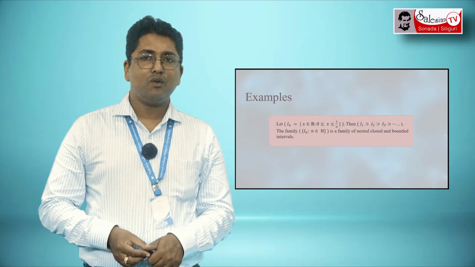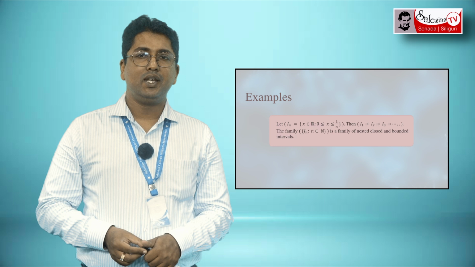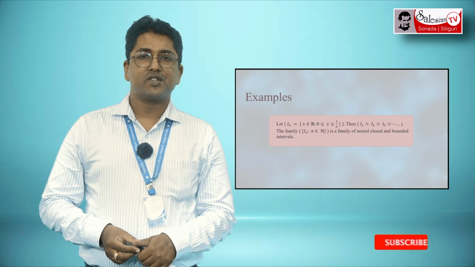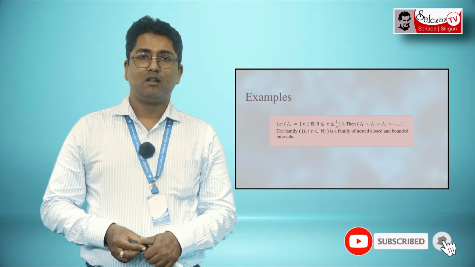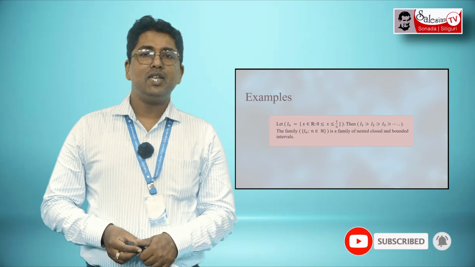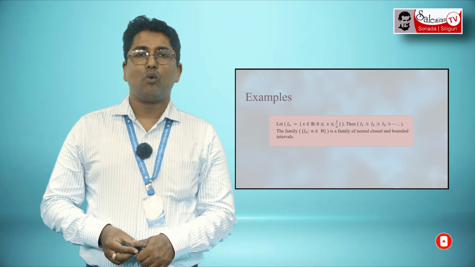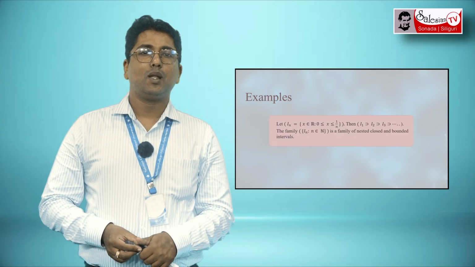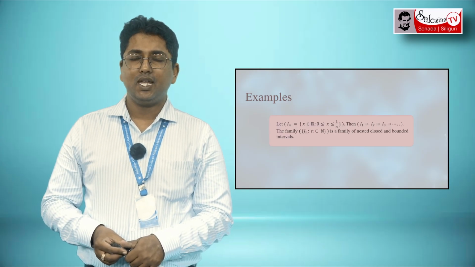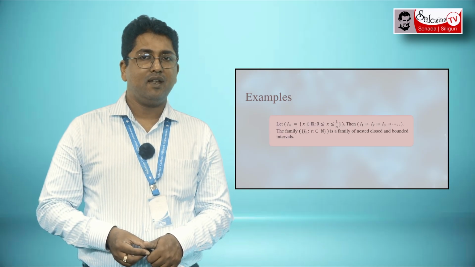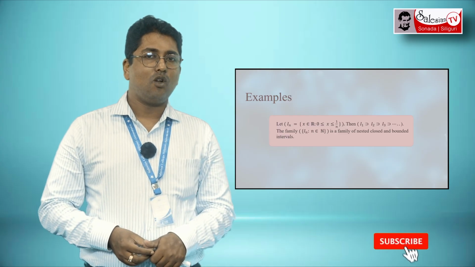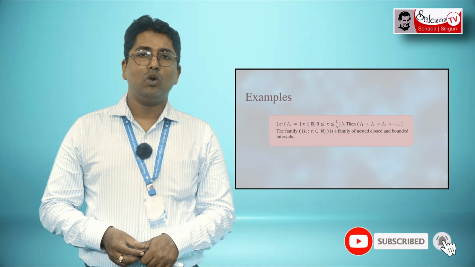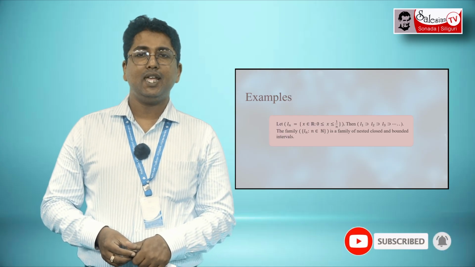Second, I will provide you with an example of nested, closed and bounded intervals. To start with that, let me consider the family I_n, which consists of all x such that x is in between 0 and 1/n like the previous one, but the difference here is that the points 0 and 1/n will be included, which means 0 is less than or equal to x and x is less than or equal to 1/n.